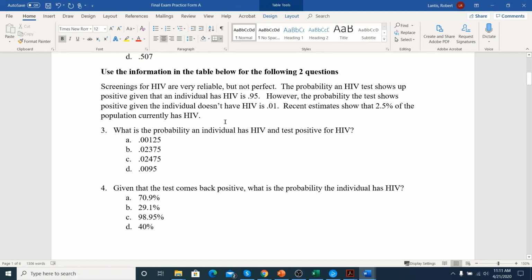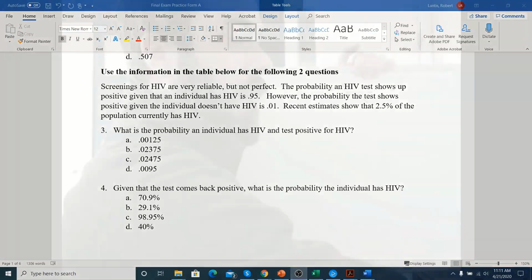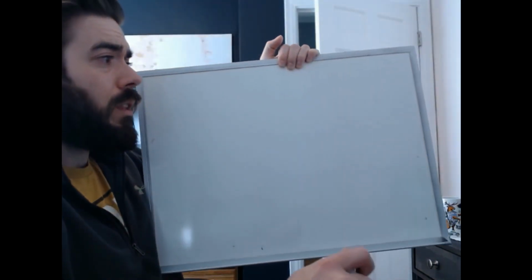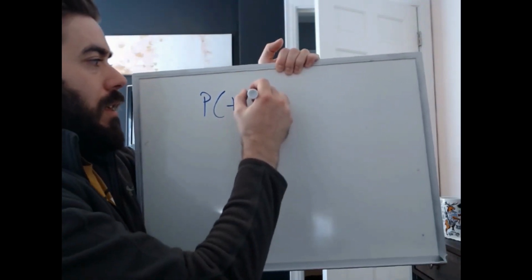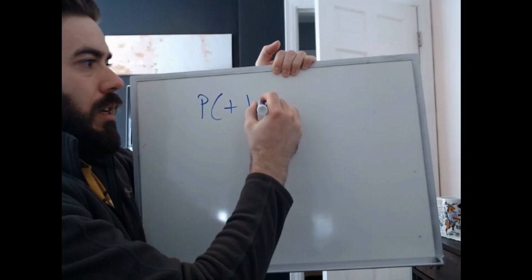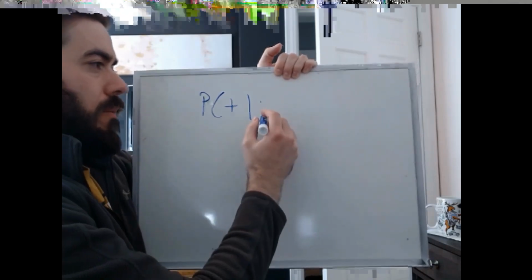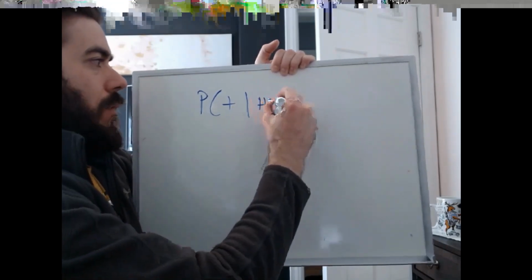First thing we want to do is write down what we were given. And hopefully if you're watching this, you can also pull this up, so when I switch to the webcam, you can see what I'm referencing. So the first thing I was told was the probability the test shows positive, given that the individual actually is HIV positive.